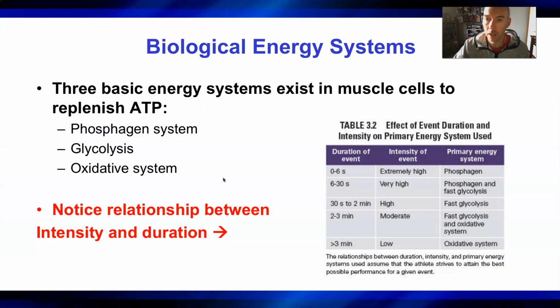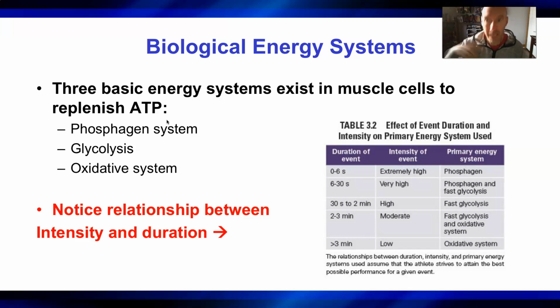Okay, well, this first slide kind of reminds us of the three basic energy systems that we have available that supply us with ATP. So just remember, we can't do anything without ATP, and our body stores a very small amount, okay? Therefore, even for me to get up out of this chair and walk around this tiny office I have, I don't store enough ATP in my body to do that.